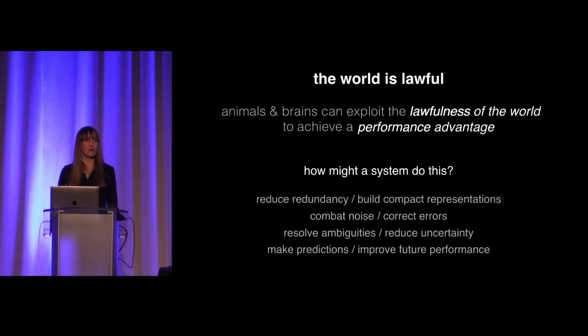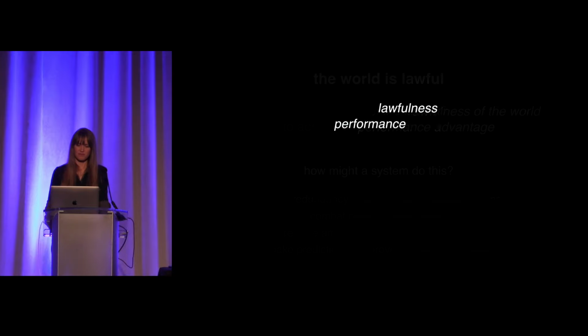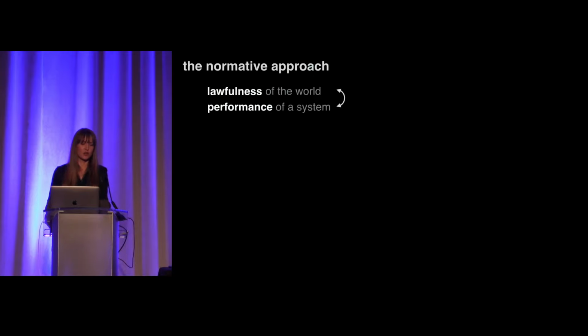Okay, so these are a bit abstract as stated, but we're going to try to unpack each of these throughout the course of the lecture and understand how exactly systems could improve performance along these different types of dimensions.